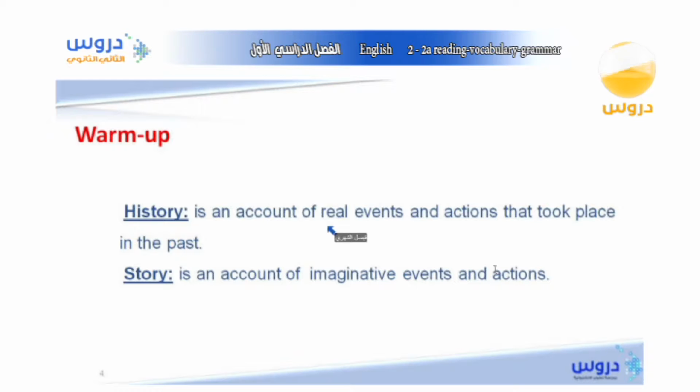History is an account of real events and actions that took place in the past, while story is an account of imaginative events and actions. So the difference between the two: history, real events, and story, imaginative events, which are not real. This is the major difference between history and story.